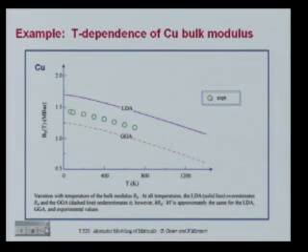And the reason I do it is because there's no unique method to do all of these. So depending on what it is you're after, you're going to have to come up with a different science and a different tool set. So I thought I'd give you a very straightforward example. Here's work done, I think, by Andrew Kwong, I don't remember, at Livermore, showing the temperature dependence of the bulk modulus of copper.